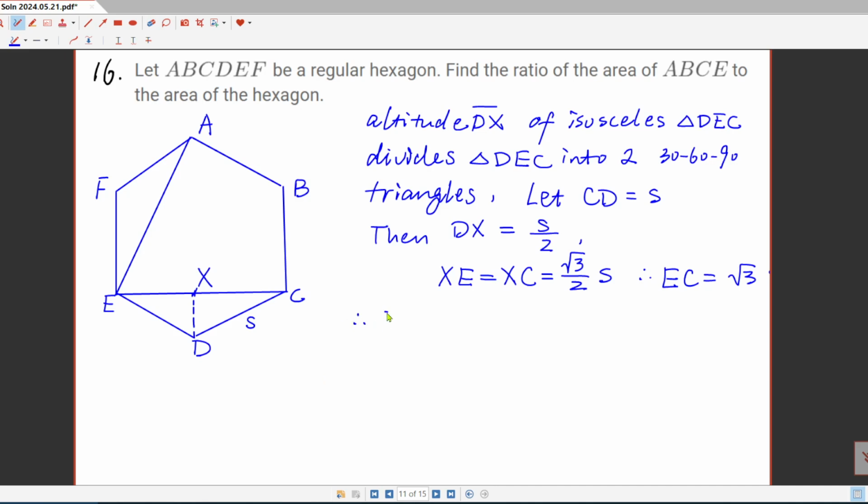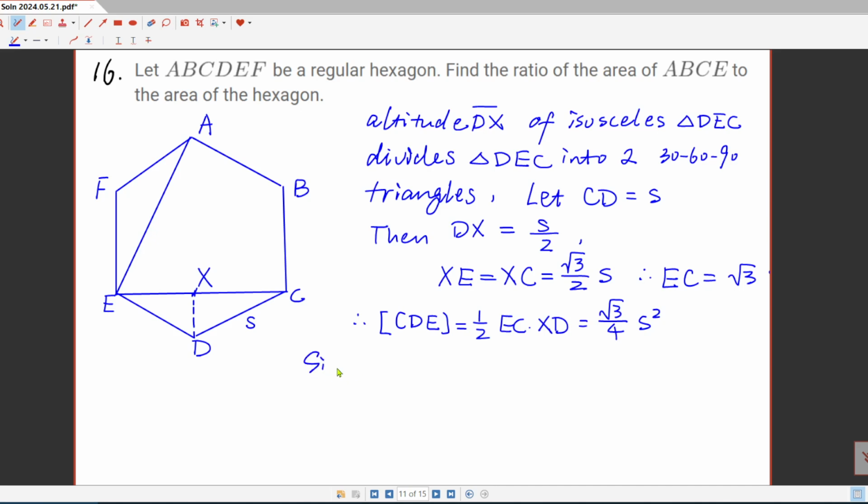And therefore, the area of the triangle CDE can be calculated, which is 1/2 of EC times XD. And that gives us square root 3 over 4 S squared, right? And we could use a similar method to find the area of triangle AFE.